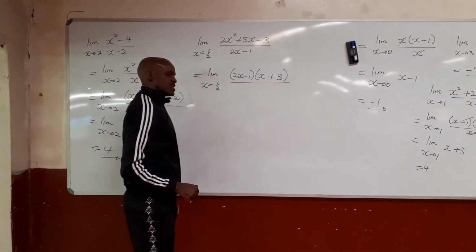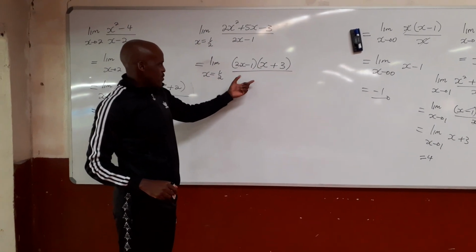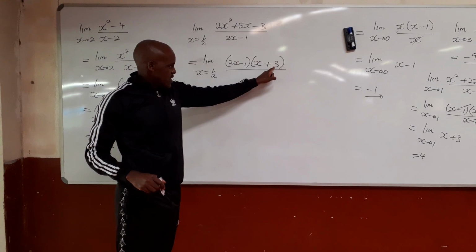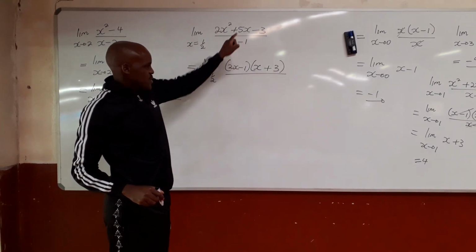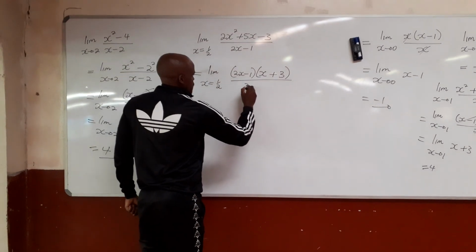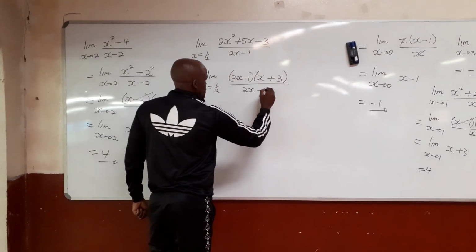Let's check first if our factors are correct. It's 2 times 3, which is 6. 6 minus 1 will give us plus 5. And then we have 2x minus 1.